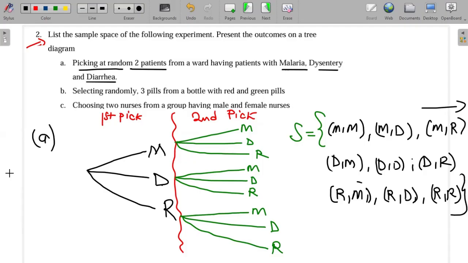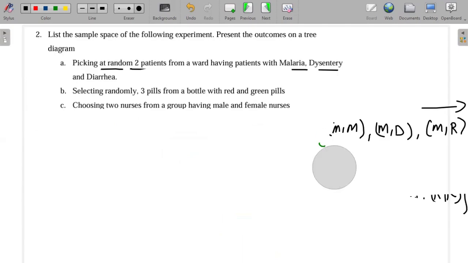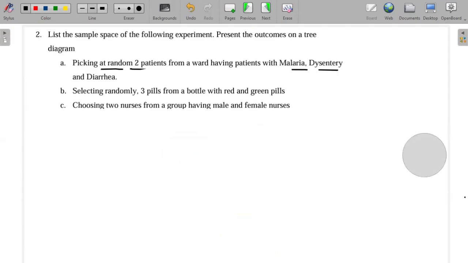Okay, we go to part B. So part B, they're saying selecting randomly 3 pills from a bottle with red and green pills.